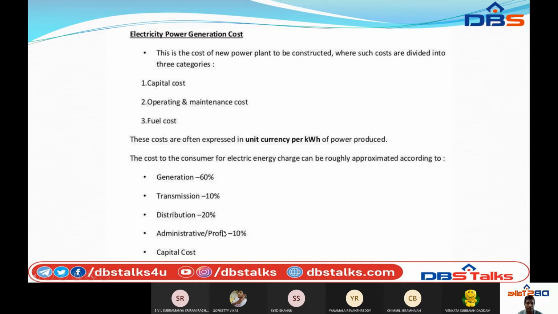Administrative or profit is 10%. Capital cost finally: 60, 10, 70, 20, 90, 10, 100%. We are estimating 100% electricity power generation cost by dividing the costs like generation, transmission, distribution, and administrative or profit.